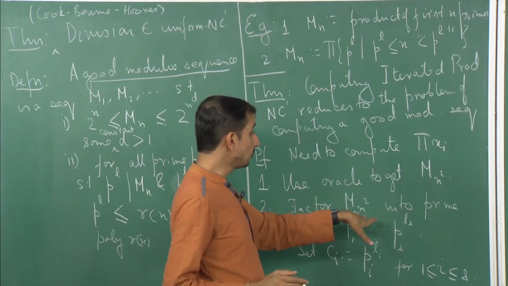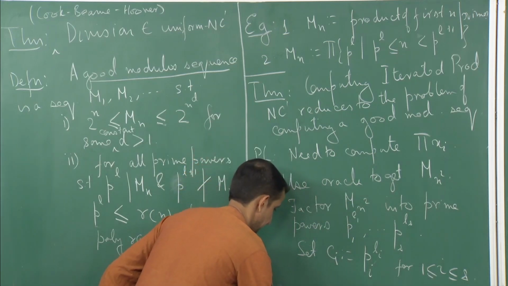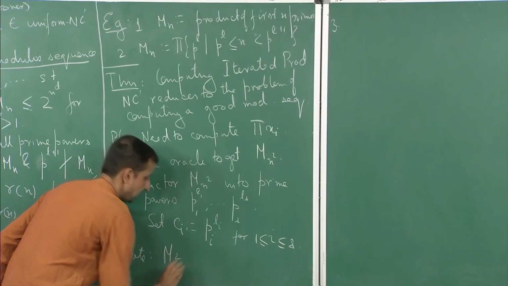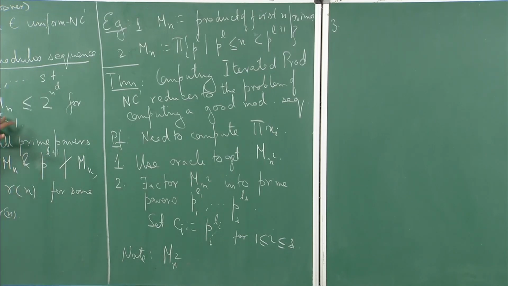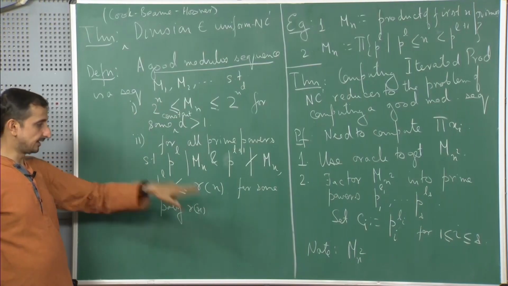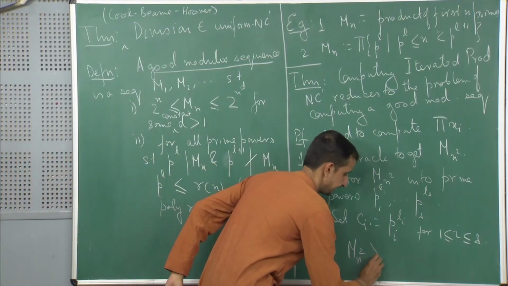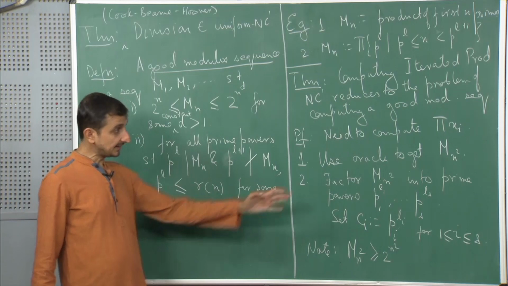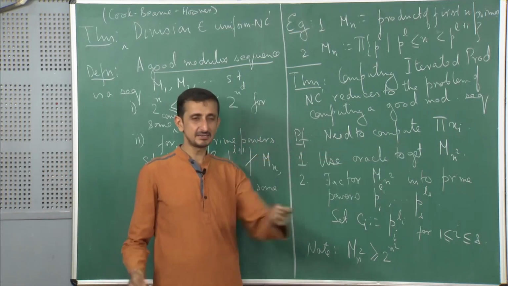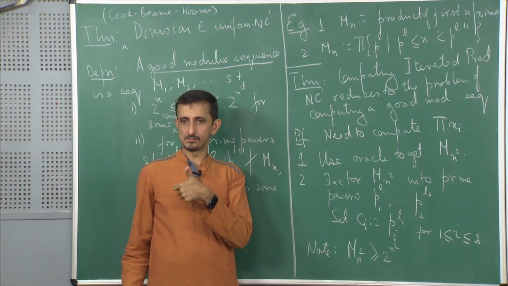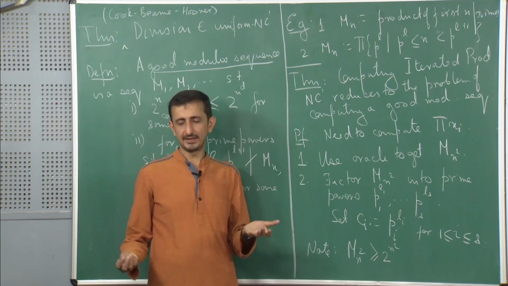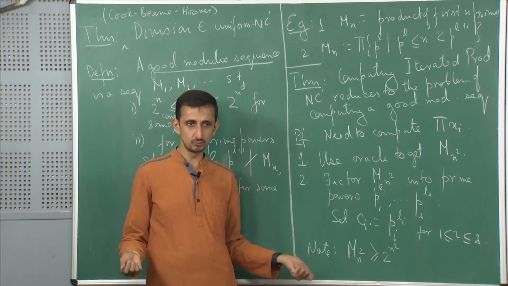So, what do we know about this mn square? Let us write a small note here. How large is mn square? By the definition of good modular sequence, mn is greater than 2 to the power n. Therefore, mn square is greater than or equal to 2 to the power n square. And what can I say about the value of the product of xi? How large can a single xi be? It is an n bit number, so it can be as large as 2 to the power n.